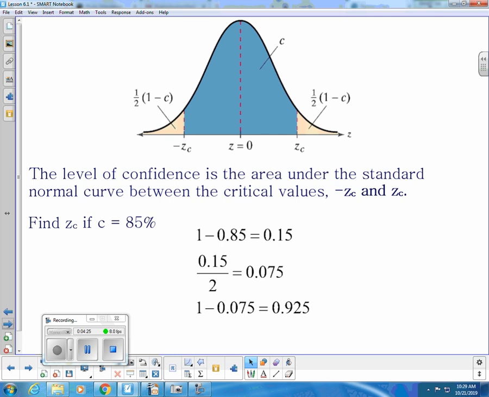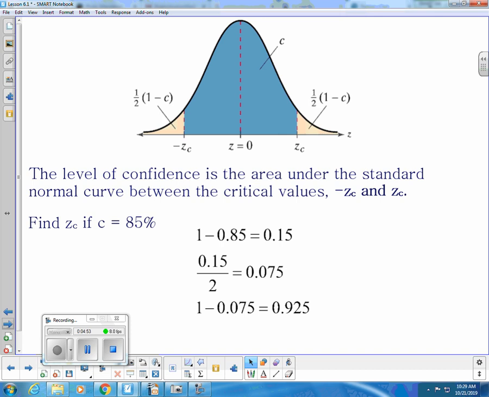You take 1, the whole area, minus 85%. There's 15% in the tails. Between this tail and this tail is 15%. So what percent is in this tail? 7.5%, right? And there's 7.5% in this tail.